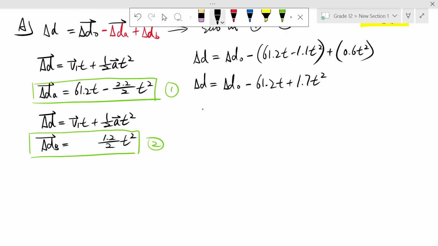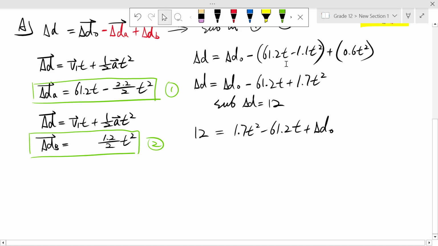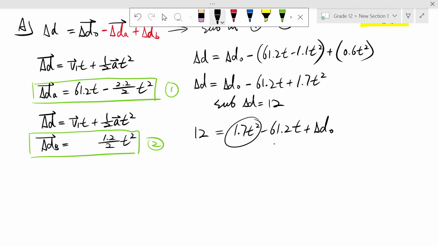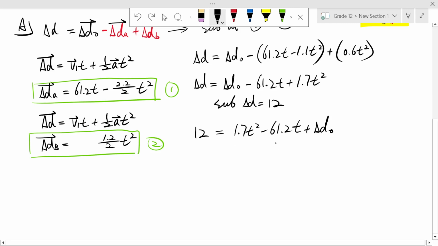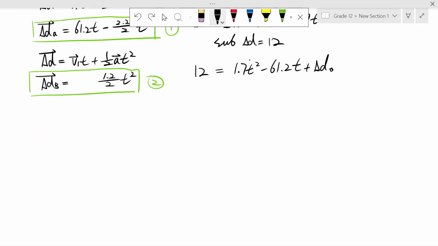Now we sub in another value. Sub delta D equals 12, which is the minimum distance, and I'll explain why I do that. But before that, write everything down. I'm rearranging this a little, so I'll tell you why. As you can see here, that's t squared. It's a parabola. It's quadratic, and the leading coefficient is positive.